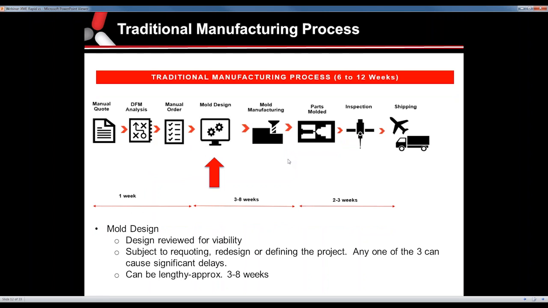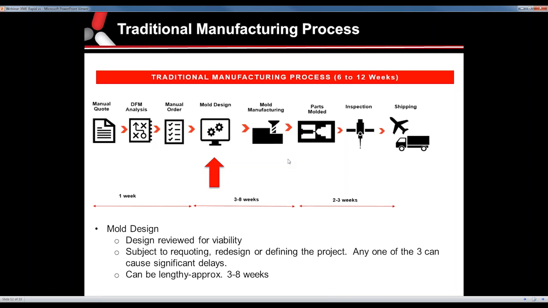Next step is going to be mold design. So the mold designers will take the CAD, do another review. And at this point, if there's any issues found, they may send it back for requoting or redesign or anything like that. If any of those happen, it can cause delays, going backwards.